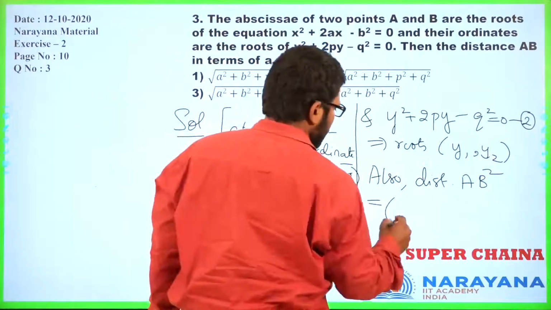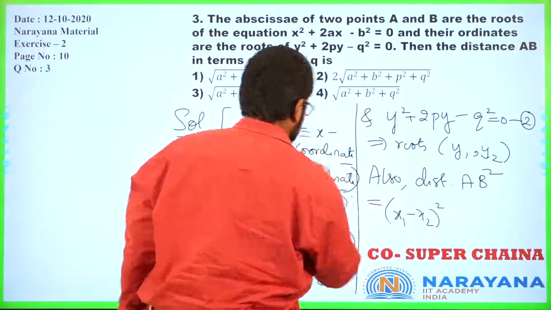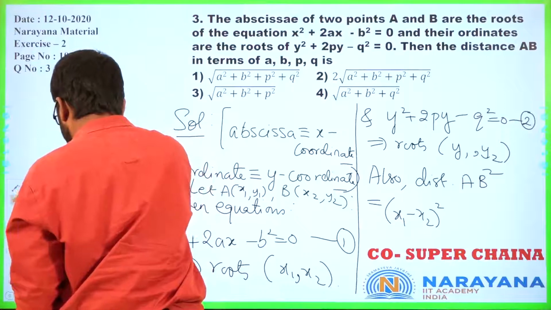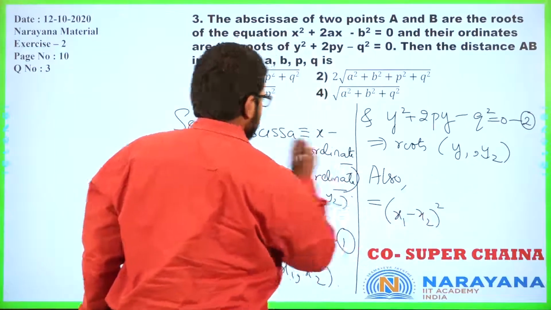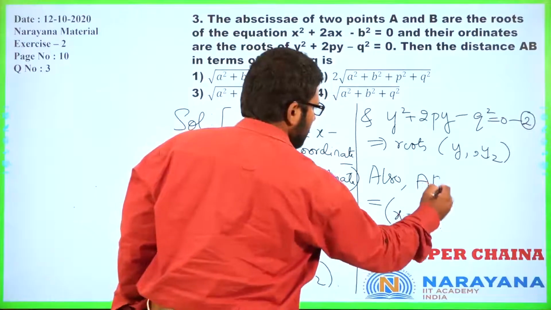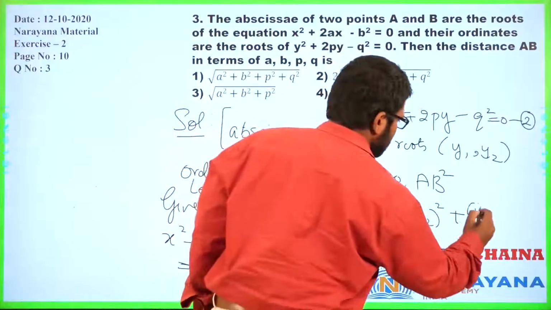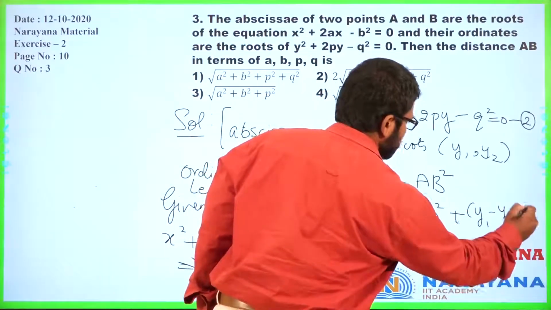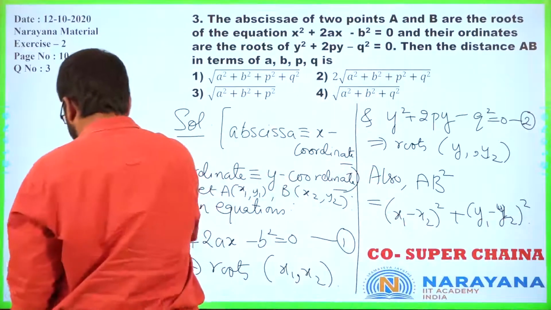So AB square is equal to x1 minus x2 the whole square plus y1 minus y2 the whole square. This is simply the distance formula.